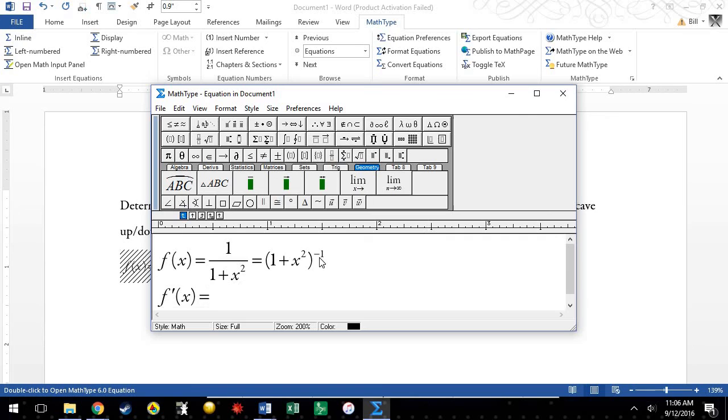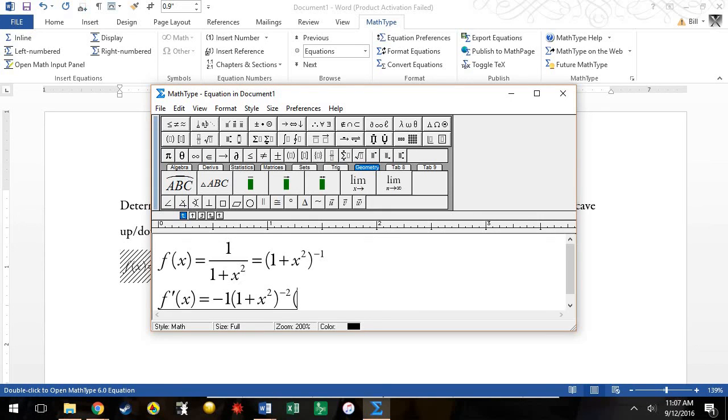So this is u to the minus 1, so I take the derivative, and I get minus 1 times u to the minus 2. And then I multiply by the derivative of the inside. The derivative of the inside is just 2x.